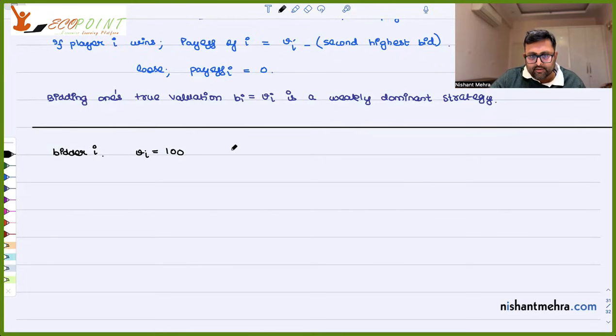And his shaded bid is, let's say, 70, which is less than VI. So you understand that. Truthful bid is that whatever my valuation is, that is what I bid. Shaded bid is that I bid less than my valuation, right?